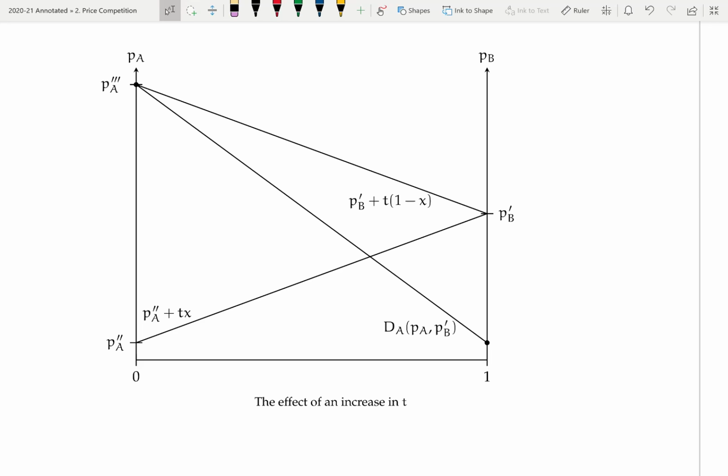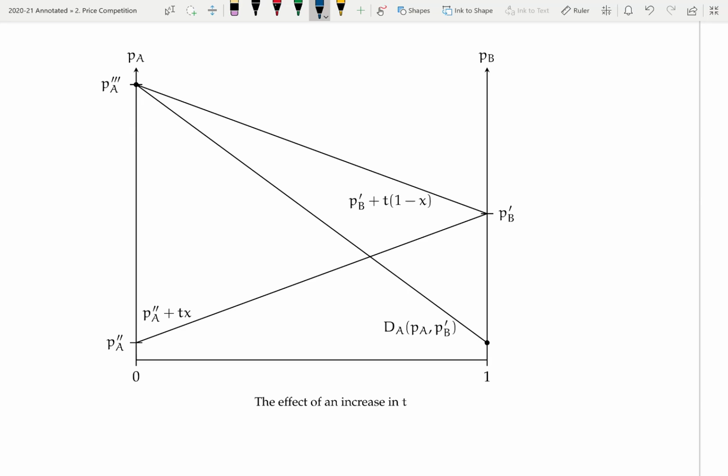To see what it does, we have to look at the effect on the delivered cost line. So let's look at this delivered cost line first. This is the delivered cost line when firm A is pricing at PA double dash, the price that was giving a demand of 1.